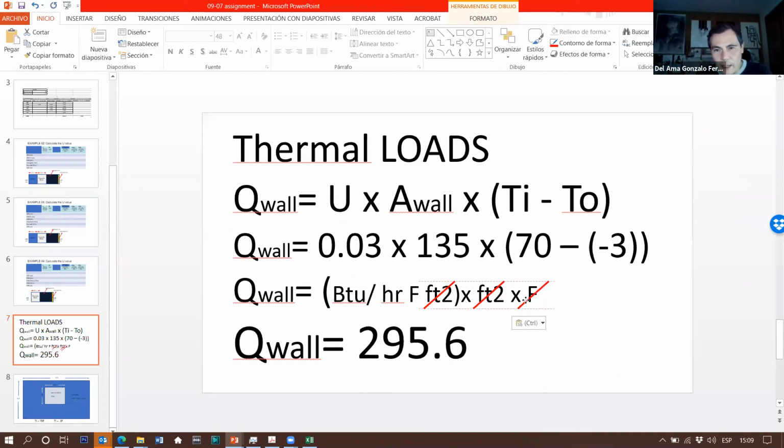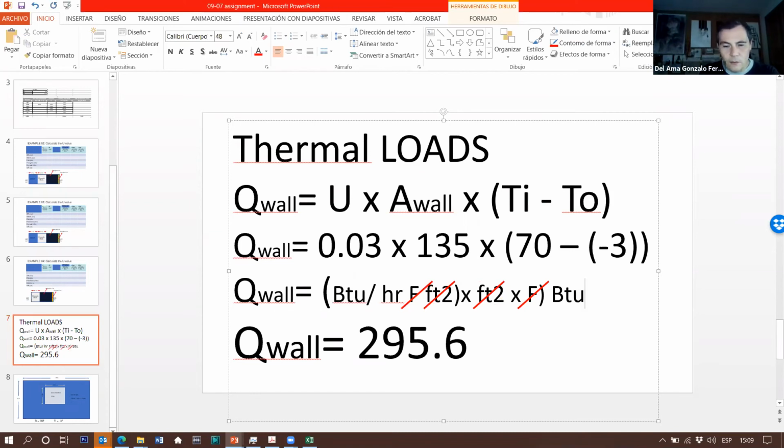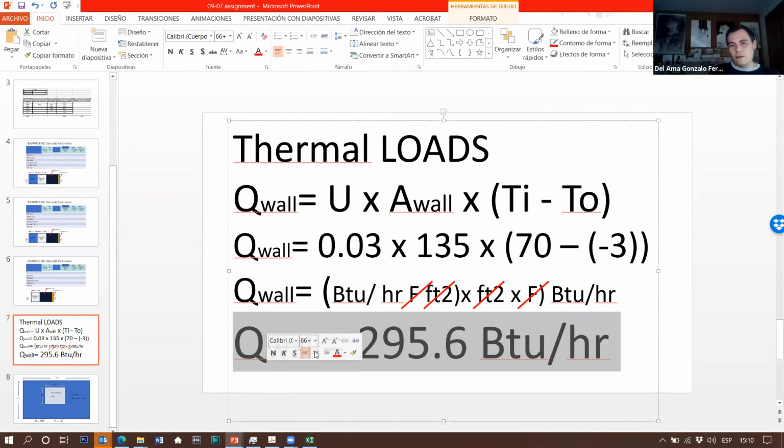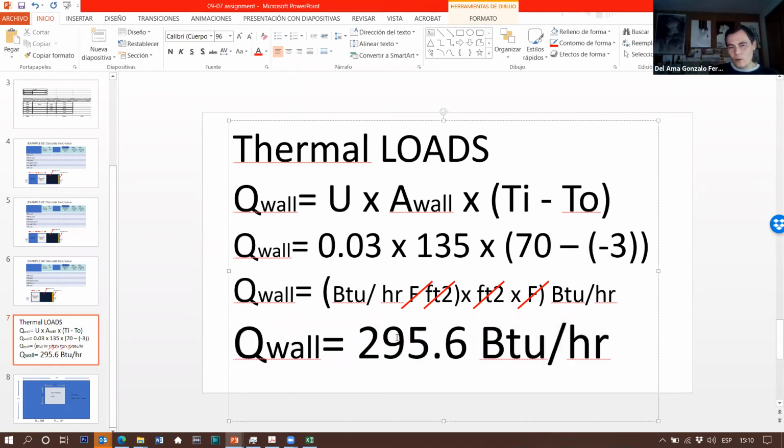We cancel Fahrenheit because we have Fahrenheit here and there. So the final result is BTU divided by hour. Okay, so the units here are BTU divided by hour. So that's the right answer to this. The thermal load through the wall is 295.6 BTU per hour, or BTU divided by hours, whatever, but it's BTU hour.